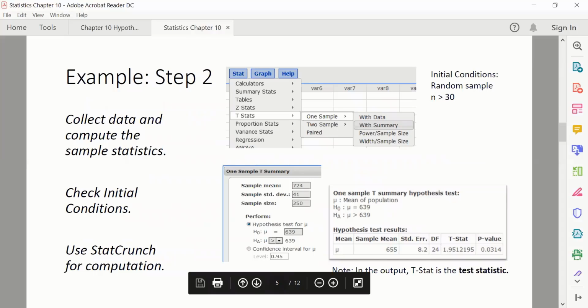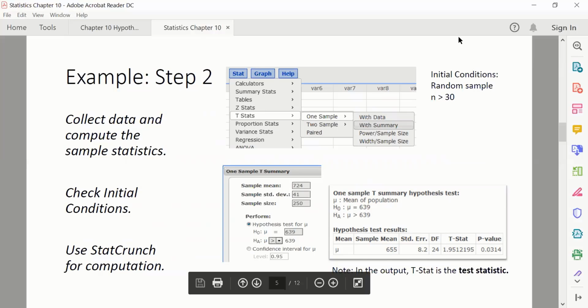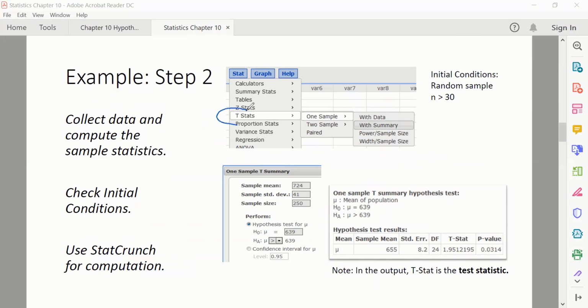So now we're going to go into StatCrunch. We're going to compute the data and sample statistics. All we needed is a random sample greater than 30, and we're going to do a t-stat. So just like we did with confidence intervals, it's a t-stat when we're talking about the mean.